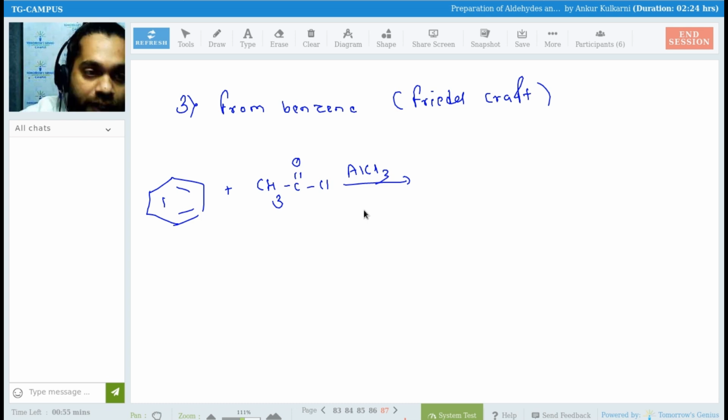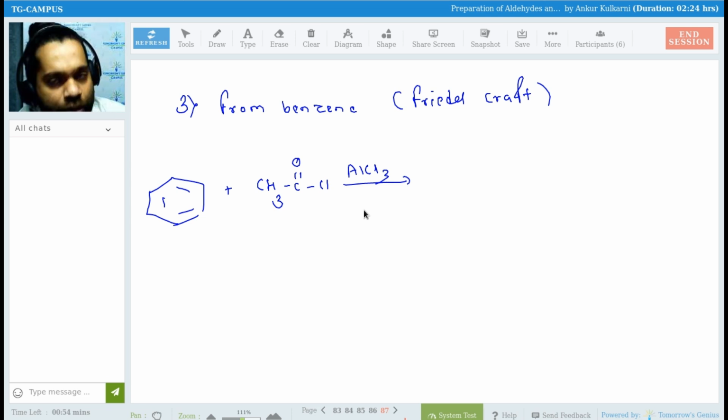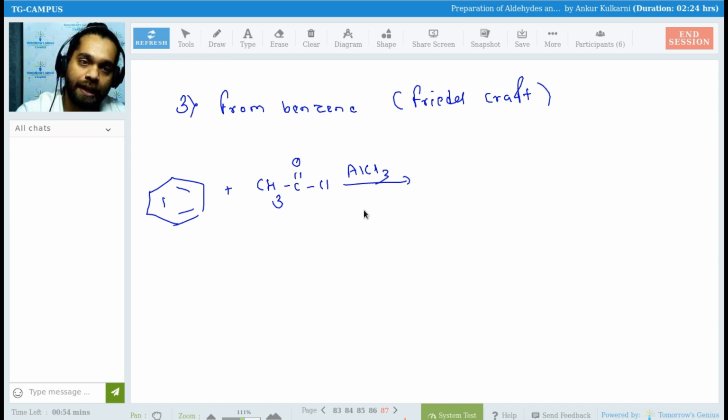So AlCl3, what will it do over here? Yes, it is a Lewis acid. It will accept electrons, but does it only accept electrons or does it also extract one of the ions or elements? What does it do?